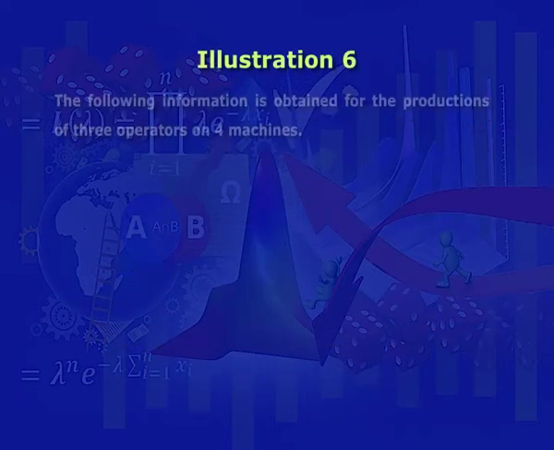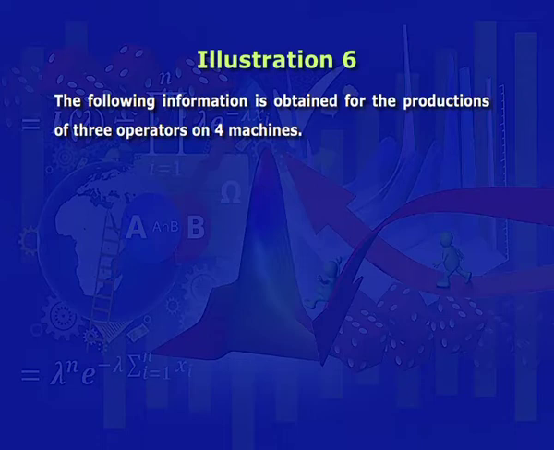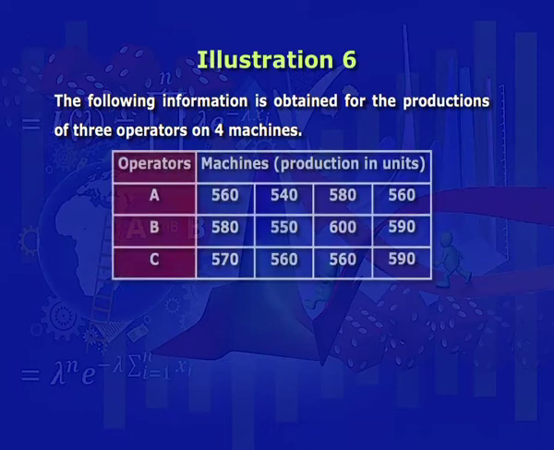Let us see illustration 6. The following information is obtained for the production of 3 operators on 4 machines. We have 3 operators A, B, C and 4 machines. The corresponding production in units is given in the table. For operator A, for machine 1, production is 560, next machine 540, 580 and 560.